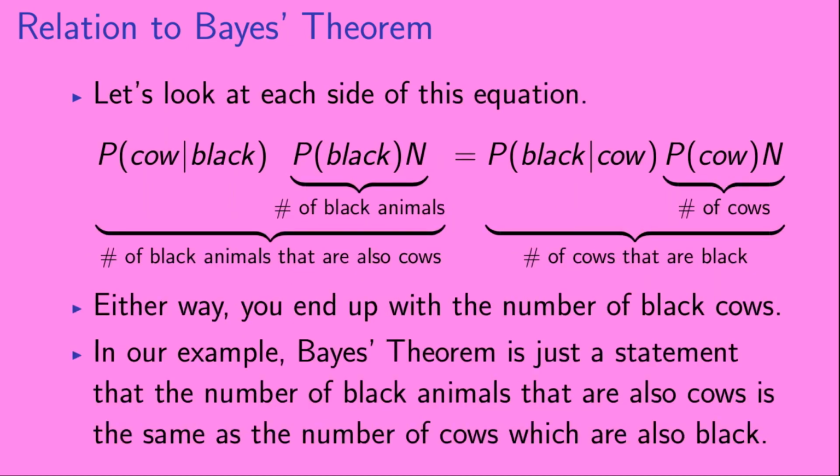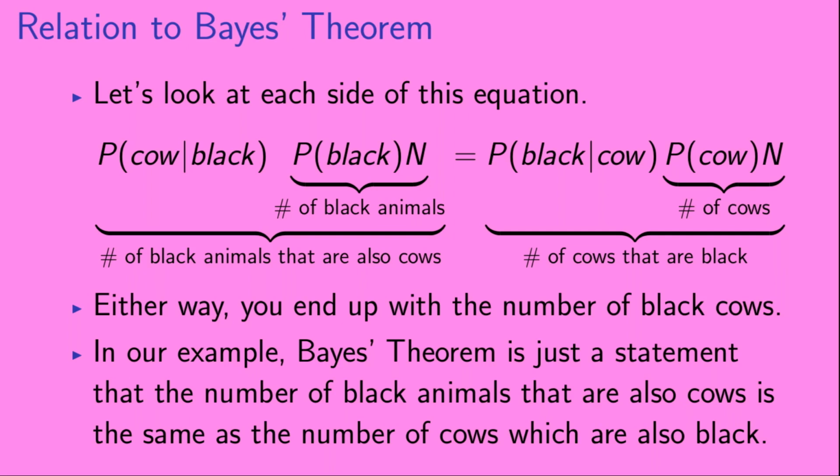So let's look at each side of this equation. On the left-hand side, we have P of black times n. That's just the number of black animals. When we multiply that by P of cow given black, we get the number of black animals that are also cows. On the right-hand side, we have P of cow times n.